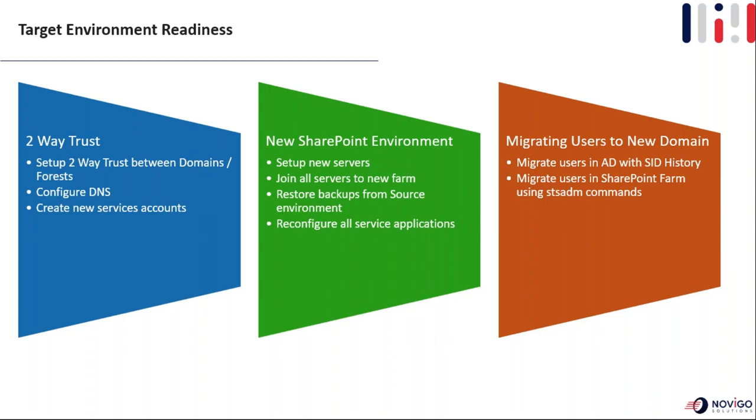Depending on your environment and infrastructure, you may also need to configure DNS to enable trust between two Active Directory forests. One of our customers in the Middle East region was a bank, and we recently had a merger.